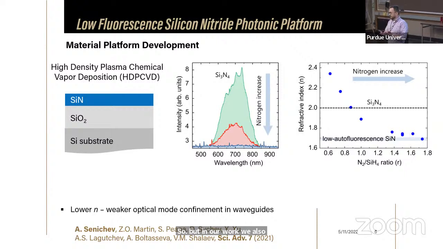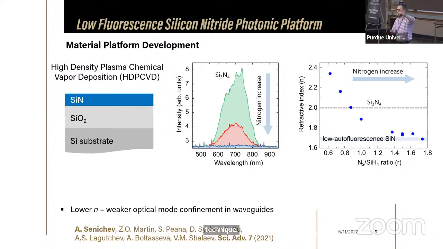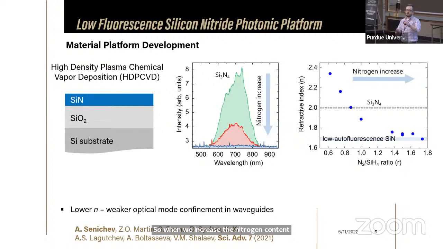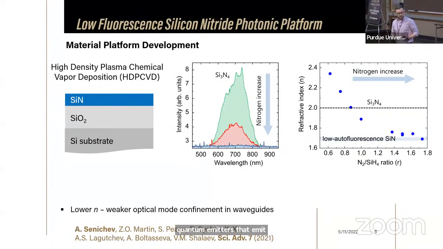We use nitrogen-rich silicon nitride, grown by high-density plasma chemical vapor deposition. When we increase the nitrogen content in silicon nitride, we can substantially suppress the autofluorescence of silicon nitride, which is typical for the conventional stoichiometric one. And this is particularly important for interfacing with quantum emitters that emit photons in the same spectral range.